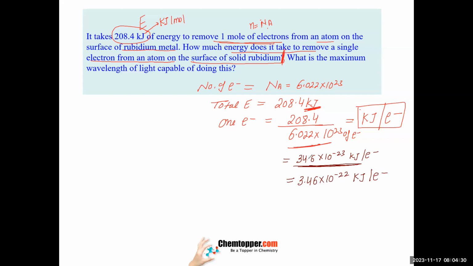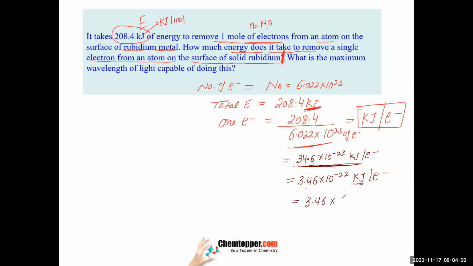Scientific notation means bring this decimal after the first non-zero digit, on this side. Make this big number a small number. So this minus 23 will become minus 22, right? This we discussed in zero unit. Scientific notation.